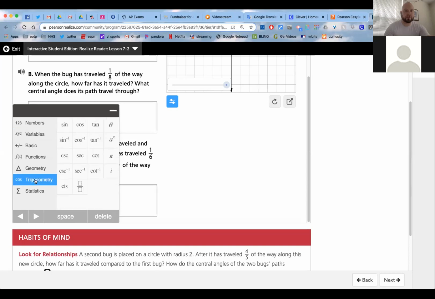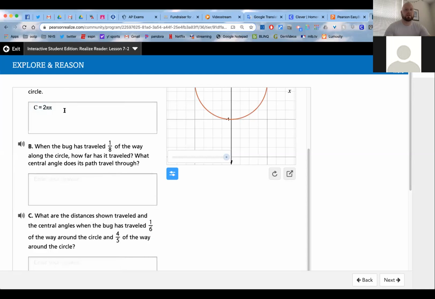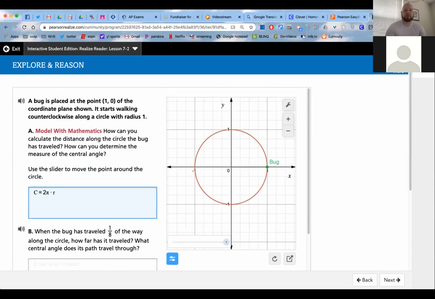Here's a pi. So it's 2 pi times r. That's always your circumference of any circle.